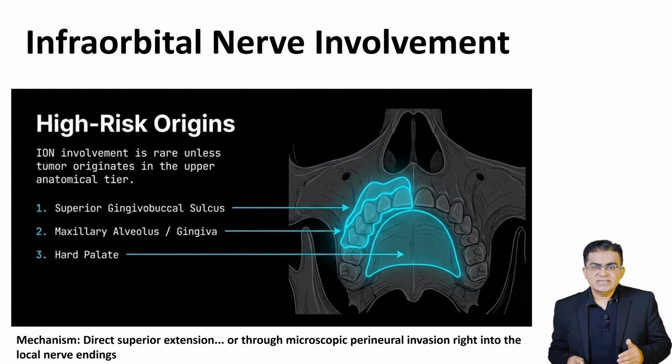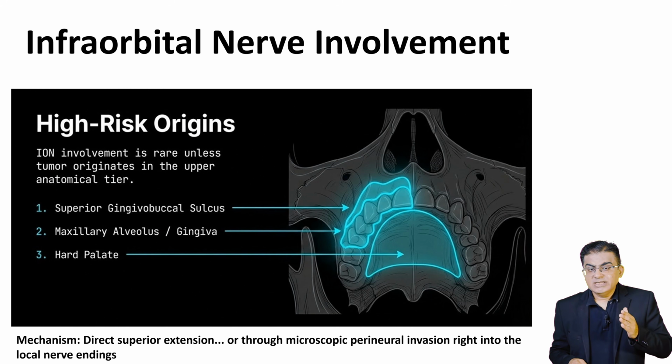So who is actually at risk for infraorbital nerve involvement? You don't really need to worry about this nerve for a tongue carcinoma or a floor of mouth cancer or even a lower jaw cancer. This specific involvement of nerve is extremely rare in these lower subsites. Instead, I want you to be highly suspicious every time you see a tumor originating in the upper anatomical tier of oral cavity.